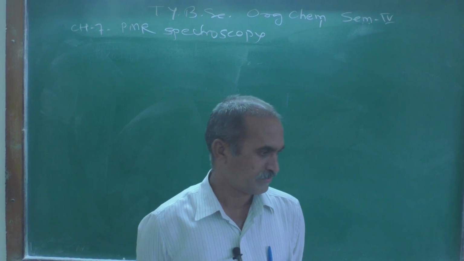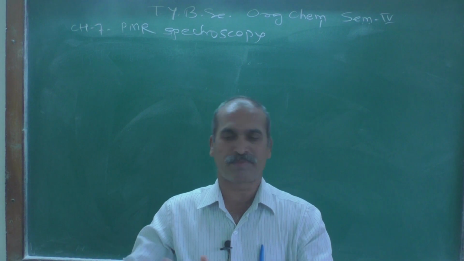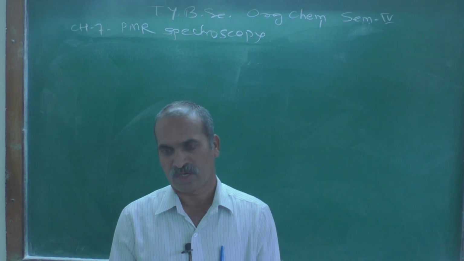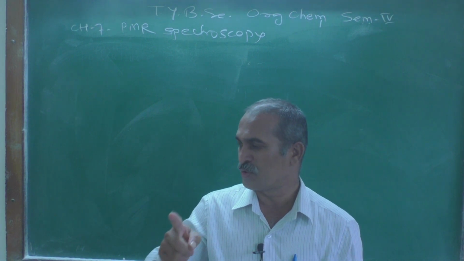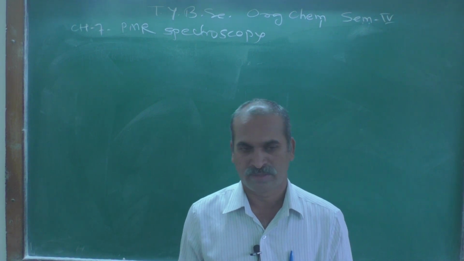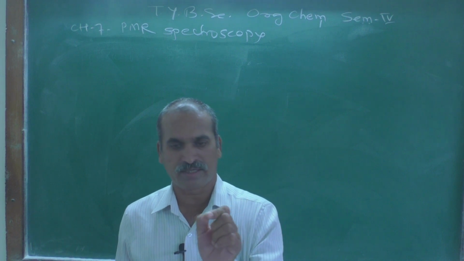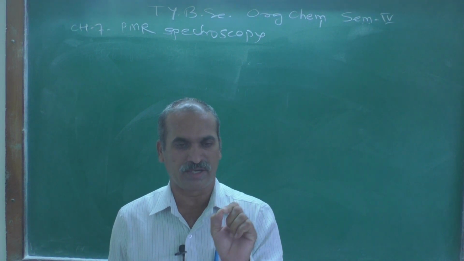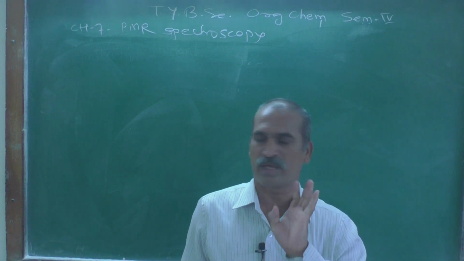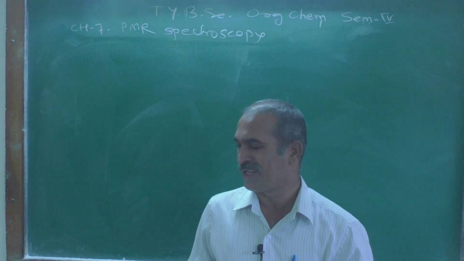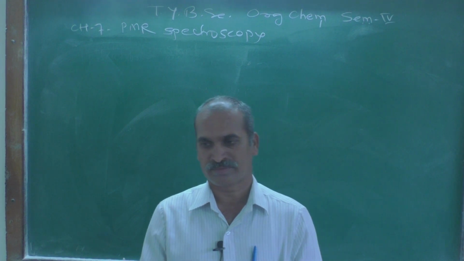Suppose the chemical shift appears around 7 to 8 delta or ppm; that clearly indicates the presence of an aromatic ring in the compound.